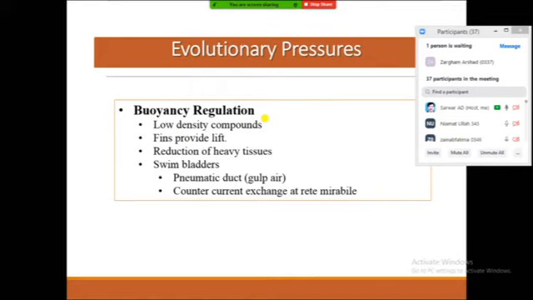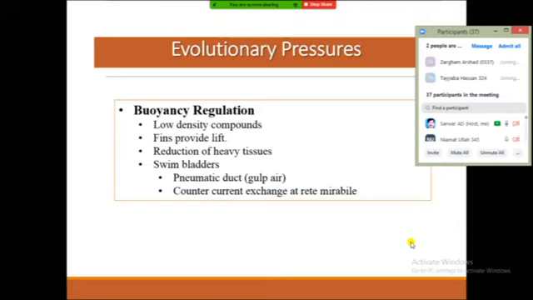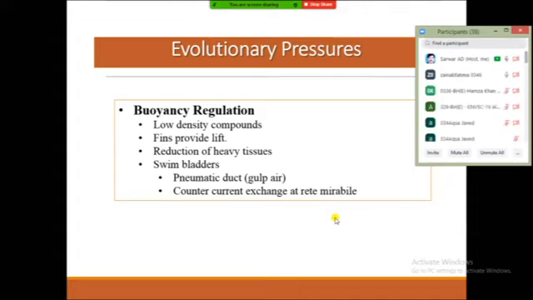Pneumatic sacs are lung type structures that gulp air, and they are required to breathe on land in a few fishes, like the lungfishes. They also possess counter current exchange at the rete mirabile. These are special structures attached to the swim bladder, and these are very helpful for gas regulation in the swim bladder.